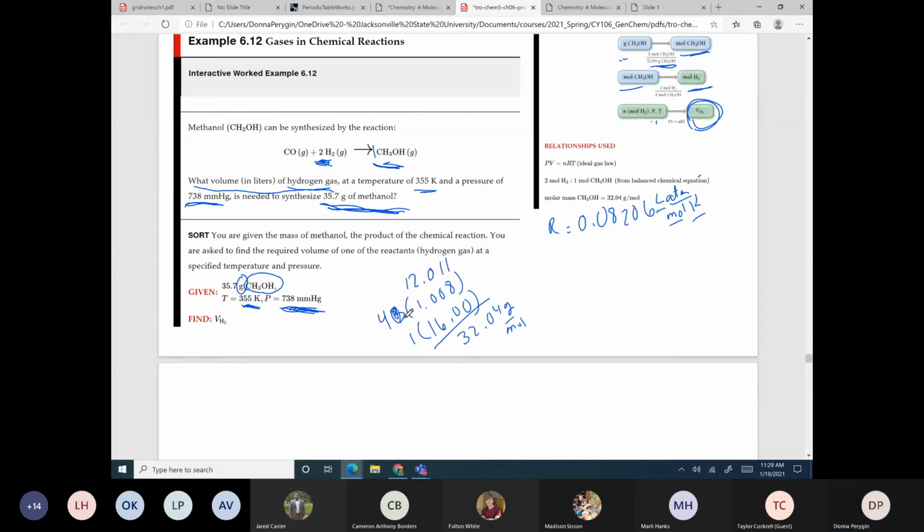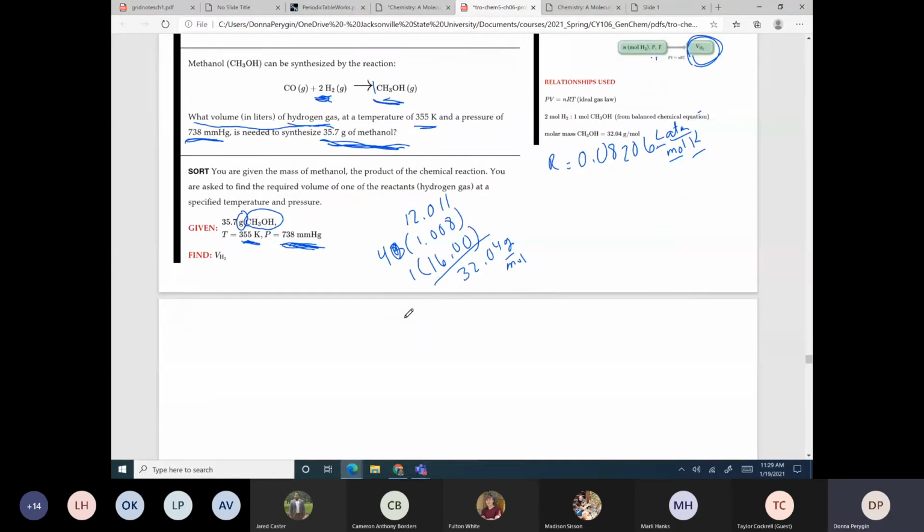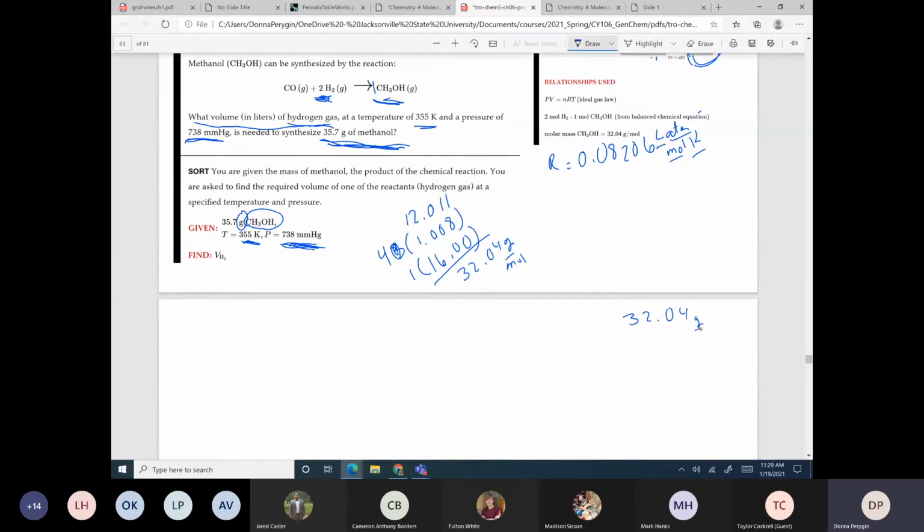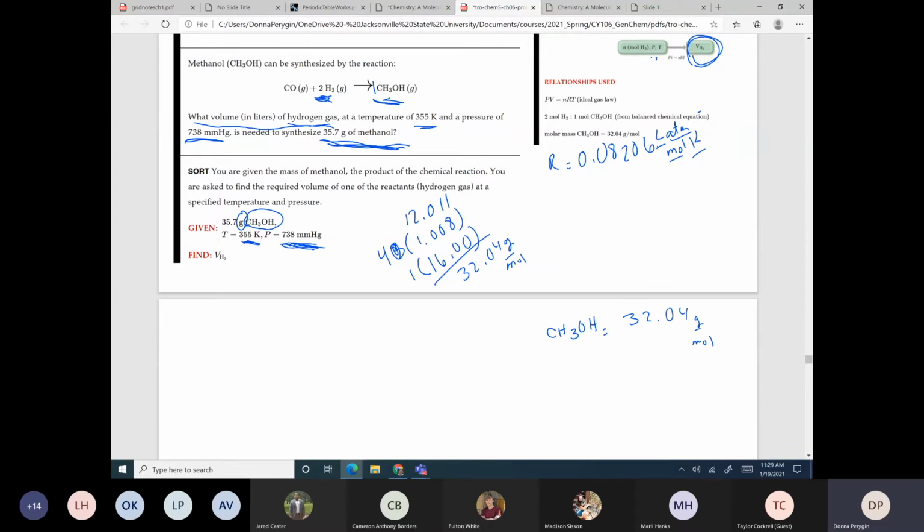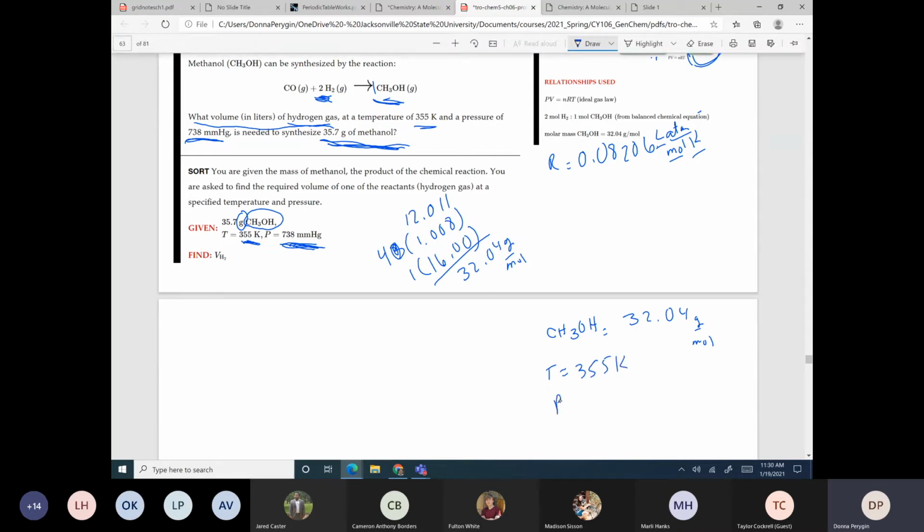Let's write some of this stuff down. So we've got 32.04 grams per mole. That's our CH3OH. Okay, we've got T equals 355 Kelvin. Pressure equals 738 millimeters of mercury.